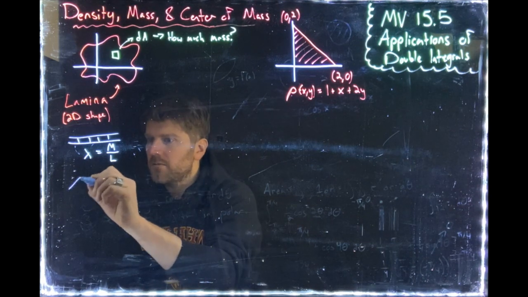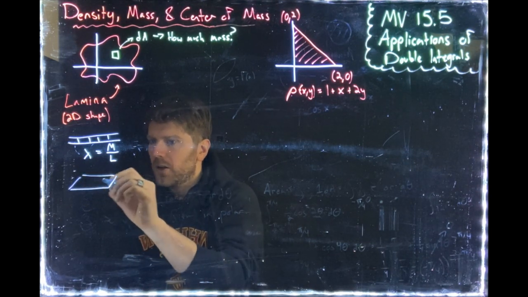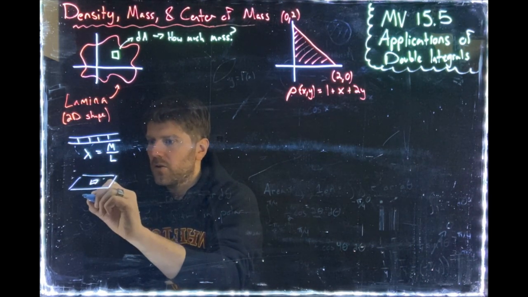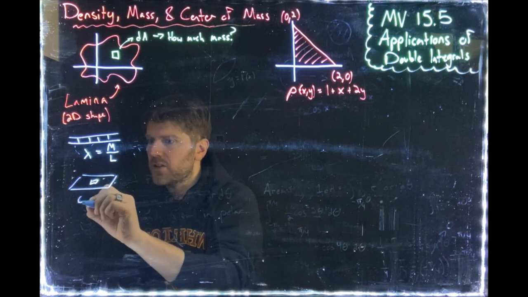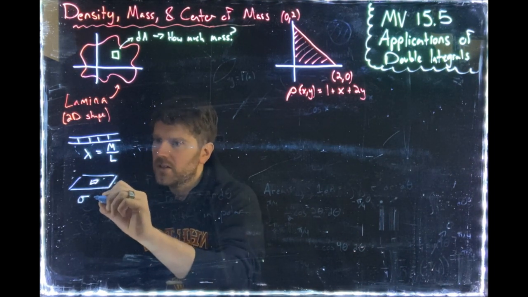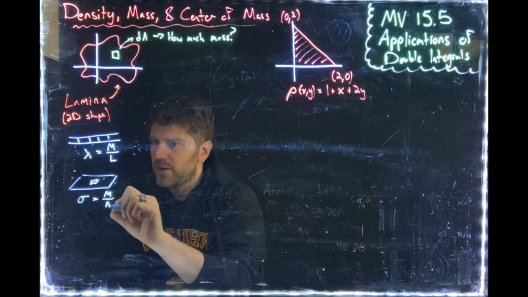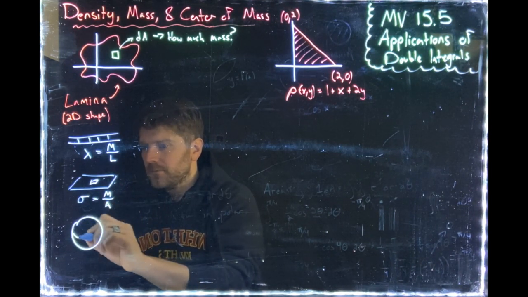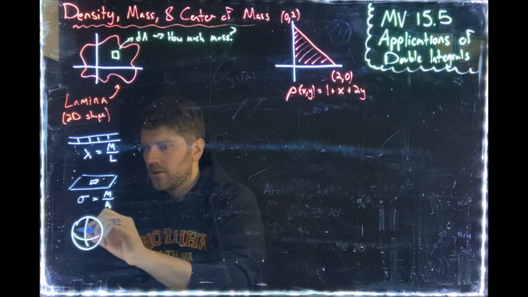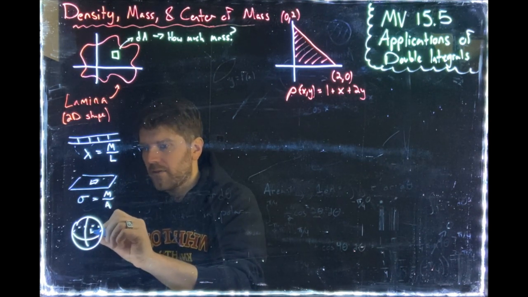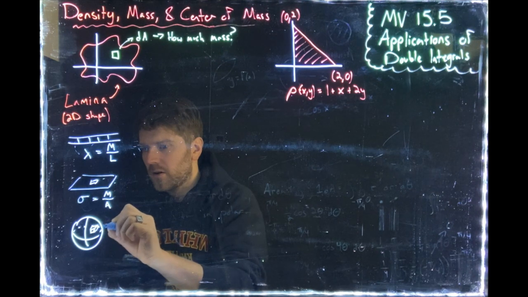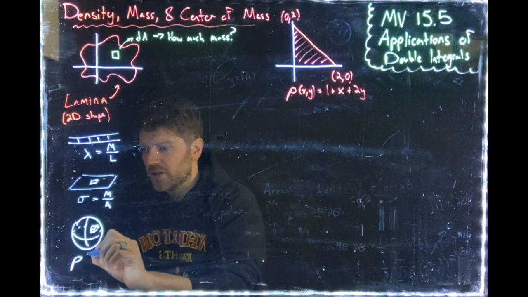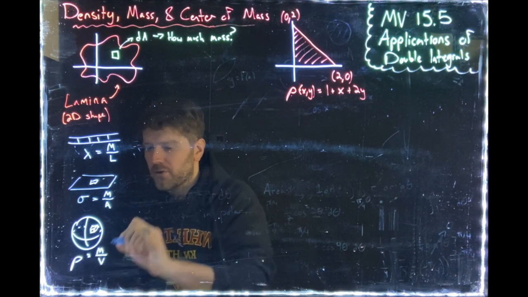For a sheet like we've got, you can have a density, sometimes they use sigma for this, which is a mass per unit area. And then for a 3D object, you can have a density, which is a mass per unit volume.